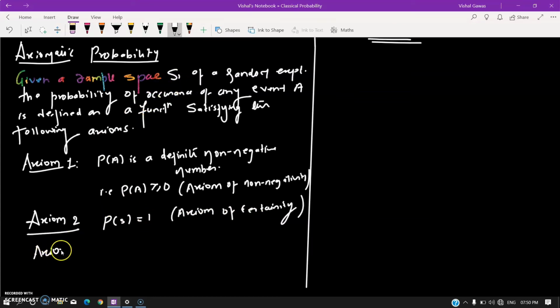Let's look at axiom 3. What does it say?